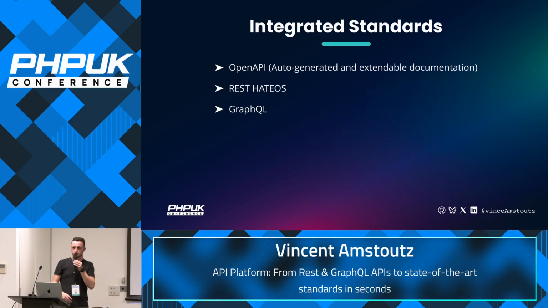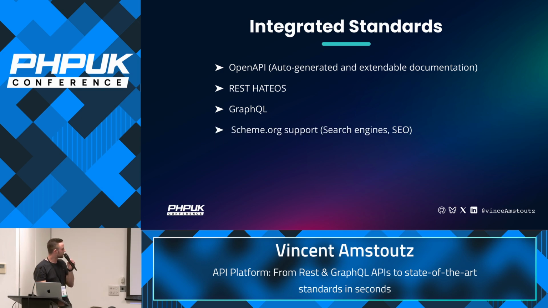Also, GraphQL is integrated. Basically, if we go on an operation or an API resource attribute and we write GraphQL true, it's enough to have GraphQL ready for us. Also, the schema.org format is supported.